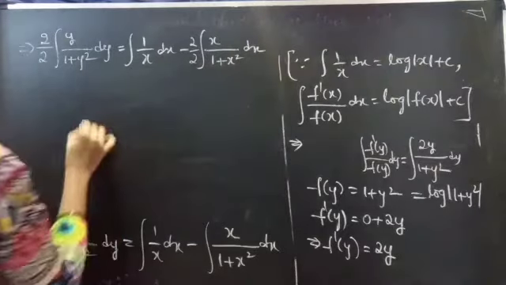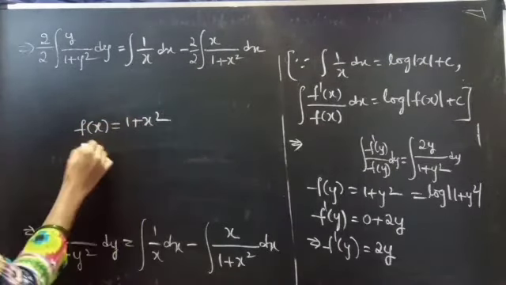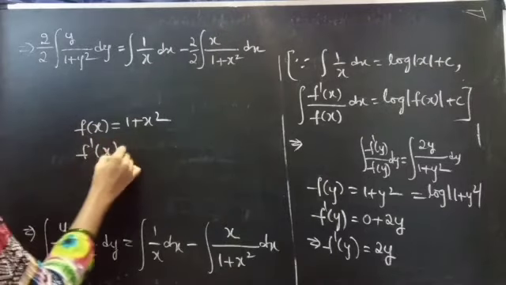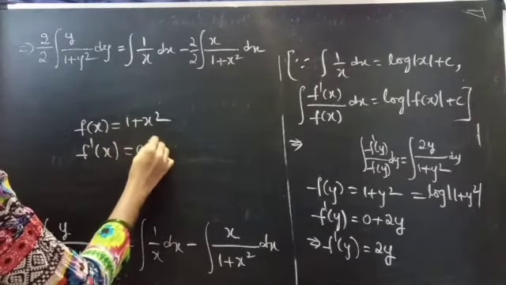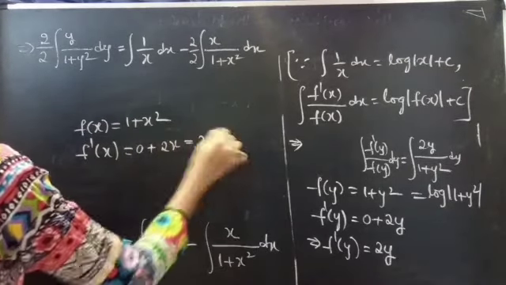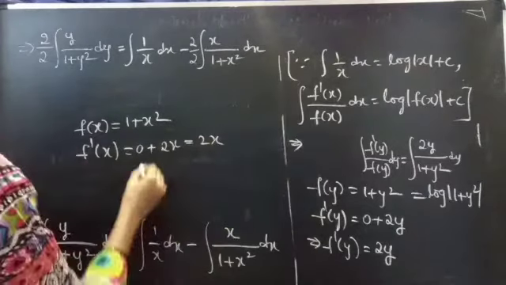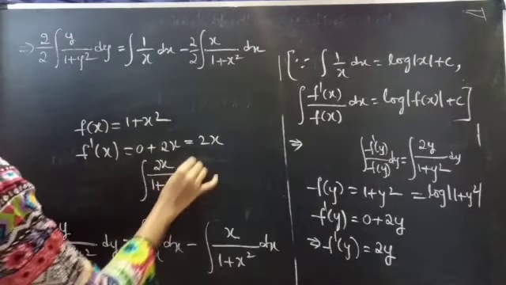If f of x equals 1 plus x square, then f dash of x equals the derivative of 1 with respect to x, which is 0, and the derivative of x square is 2x, right? So in order to apply this formula, we need 2x by 1 plus x square into dx.